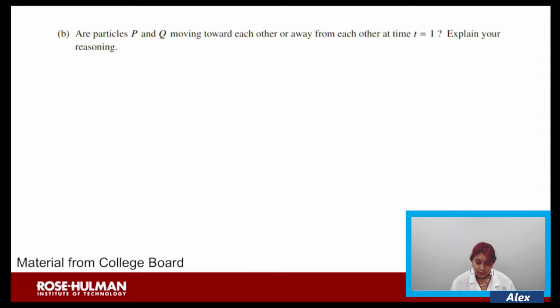So in order to answer this problem, you would have to look at the directions that these two are moving in. So can you scroll down, please? You'd have to look at the direction that these particles are moving in, and for this you'd have to consider what their velocities are at this time. So you would have to solve for v of p at 1 and v of q at 1.